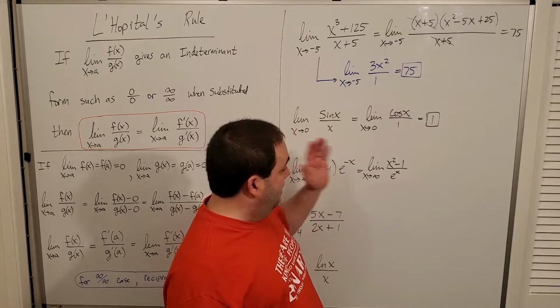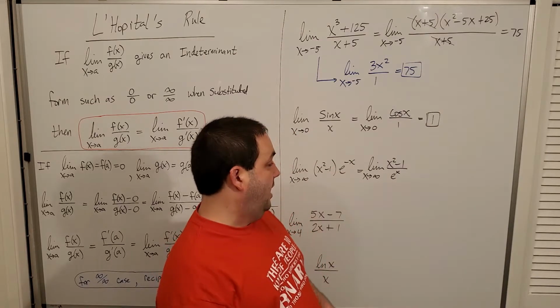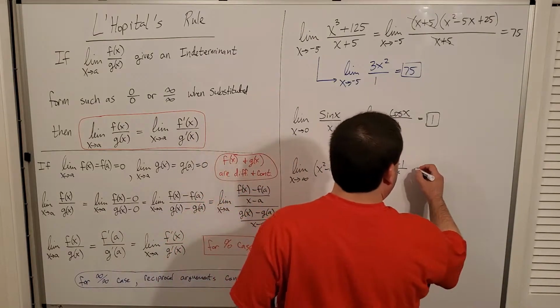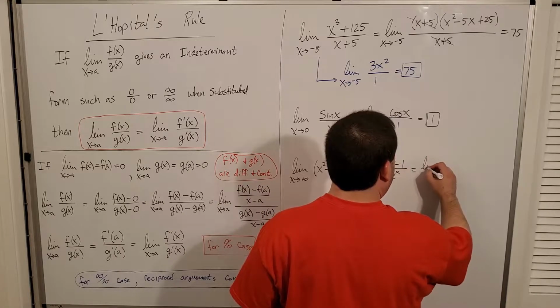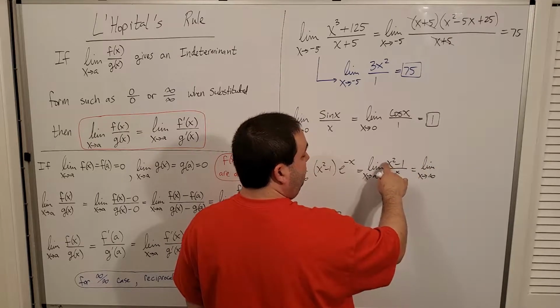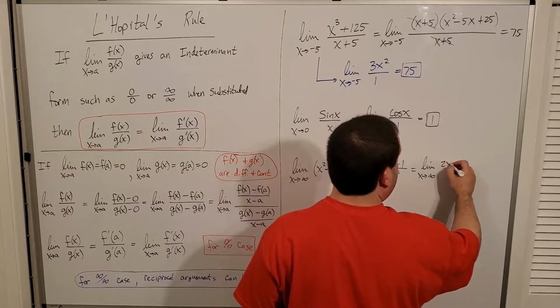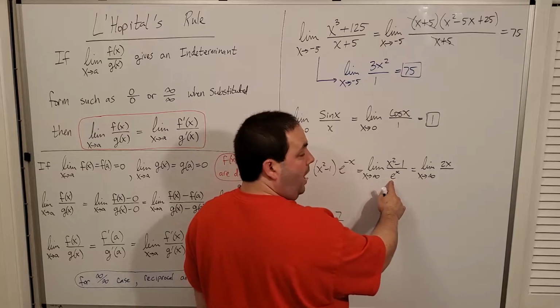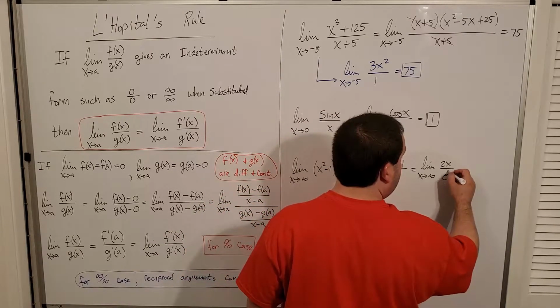Perfect, right? Time to do L'Hopital's rule. So notice that would give me the limit as x goes to infinity. L'Hopital's rule means derivative of top, so that would be 2x over the derivative of the bottom. Derivative of e to the x is e to the x.